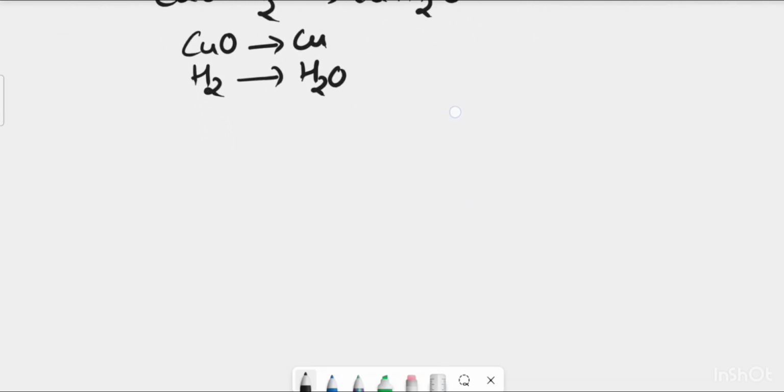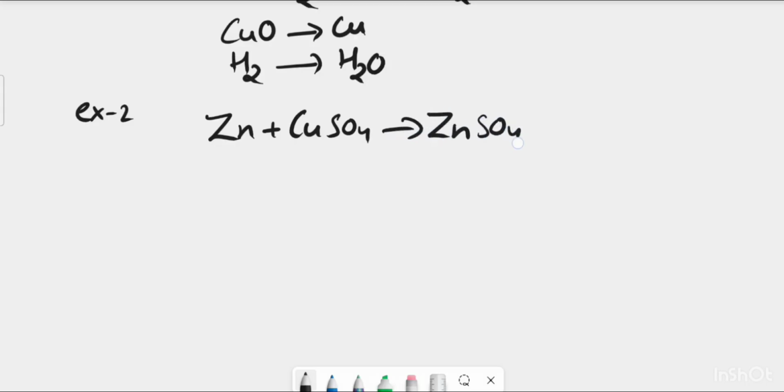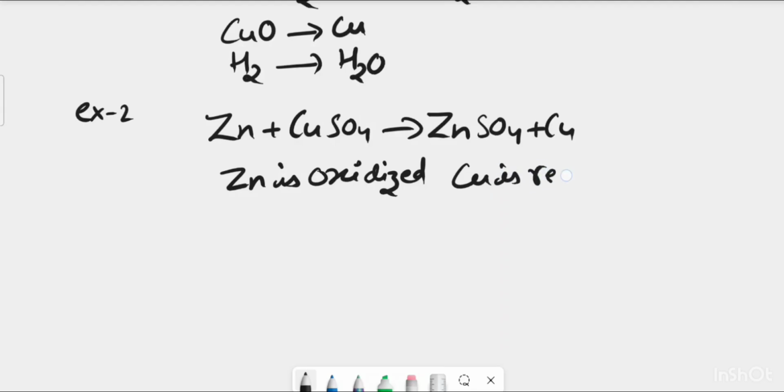So this is a redox reaction. Let's see another example. Zn plus CuSO4 to form ZnSO4 plus Cu. Here Zn is oxidized and Cu is reduced.